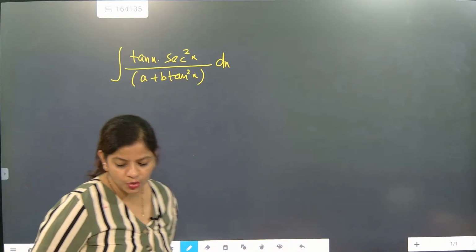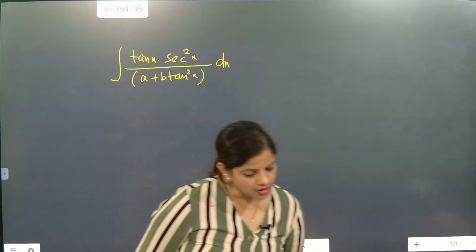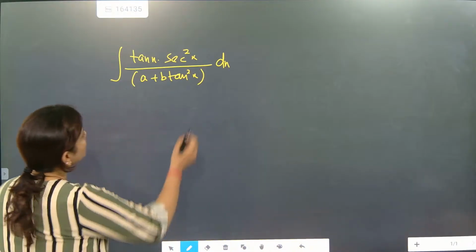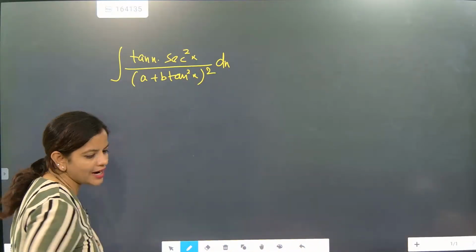Tan to the power 2 is there, tan to the power 2 whole x whole square. Wait, I'll add it.